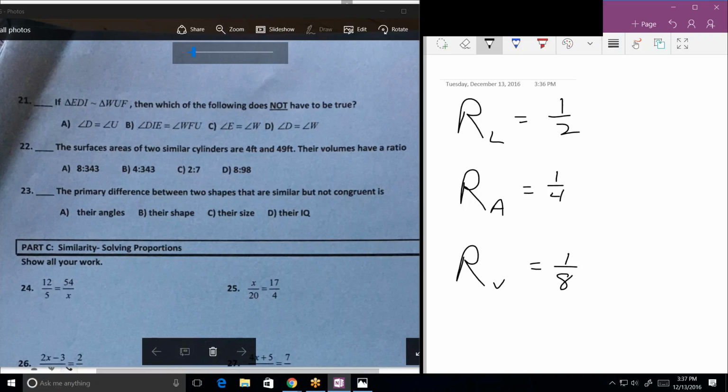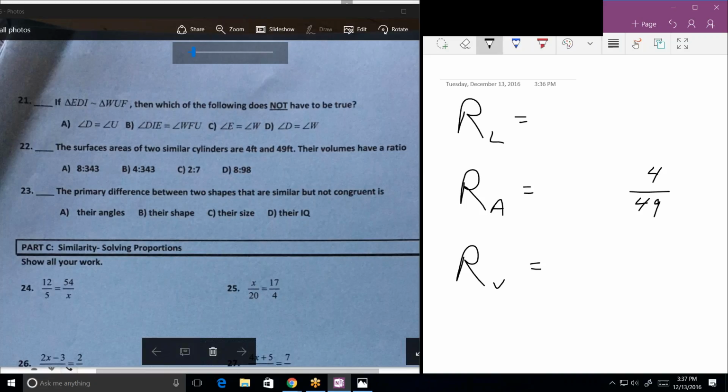So they're saying that the area ratio is 4 to 49. Let me erase these other numbers because these were just numbers I made up to make sure you knew the thing.